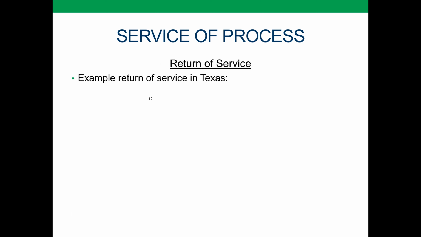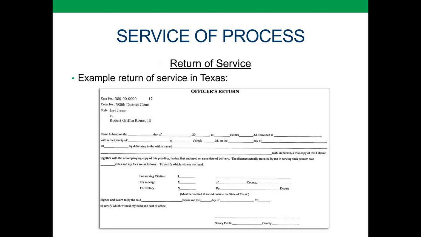Now, here's an example of a return of service form in Texas. And this would be, again, what the process server would fill out after completing the service of process. Here, the first line says, "came to hand on," and then there are blanks for a date. The process server is supposed to indicate the date on which the process server received the suit papers from the plaintiff's attorney's office for delivery.